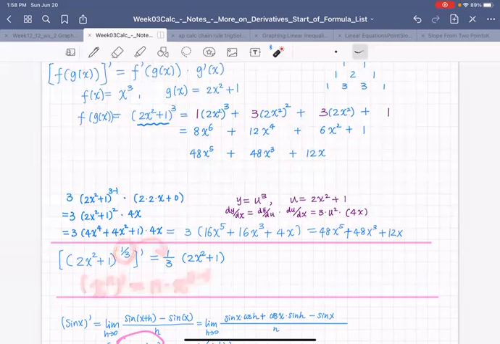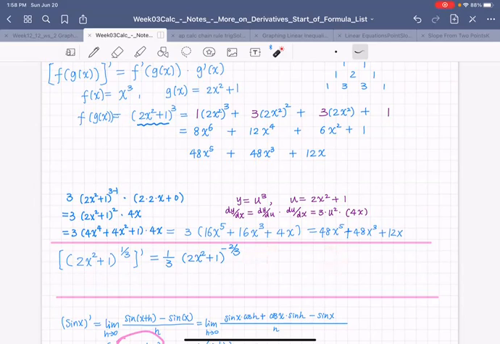So we copy down this whole thing as a package, and then we do the exponent minus 1. 1/3 minus 1 is -2/3. Are you okay here? Does this finish the whole chain rule? Yes or no? No. So we need to multiply by what? 4x.